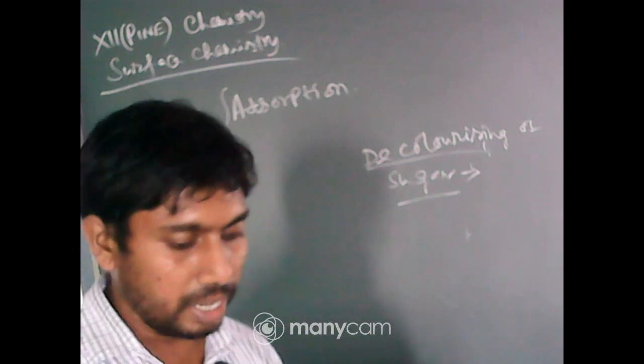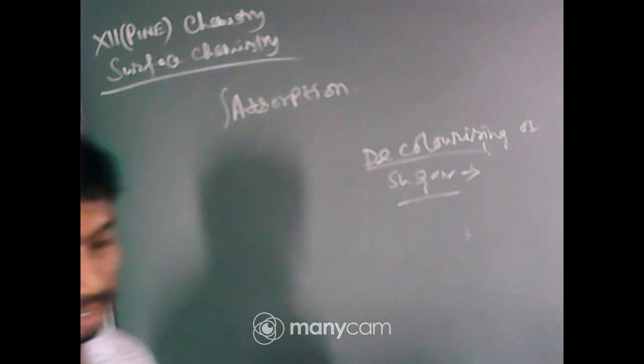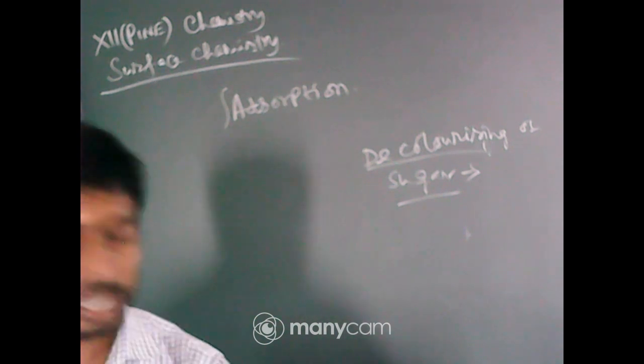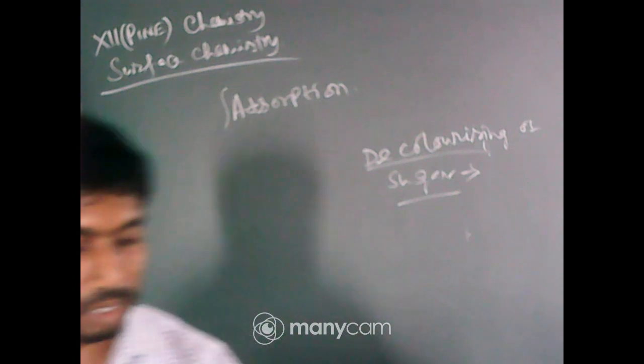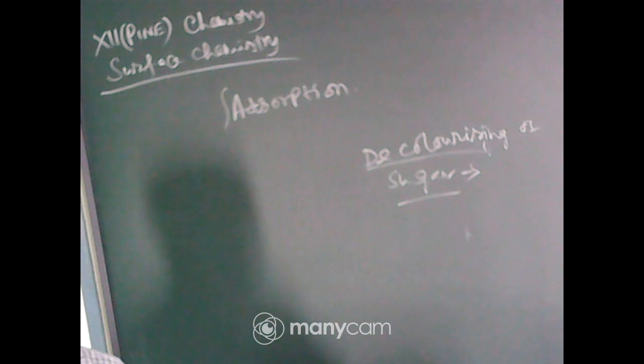Okay. Next, how can we prove that adsorption takes place? Gases like carbon dioxide, sulfur dioxide, ammonia, which I have already mentioned, and carbon monoxide, when kept in an enclosed vessel, give a pressure.